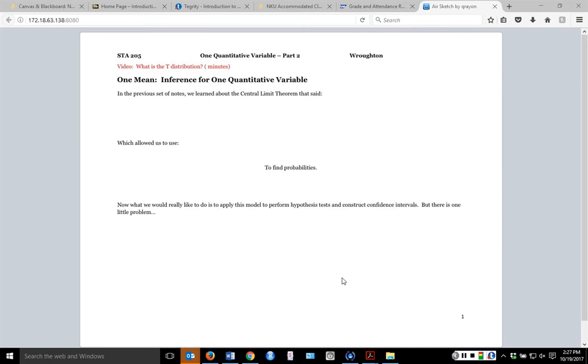So in this set of notes, we're going to talk about how we do hypothesis tests and confidence intervals for a quantitative variable.